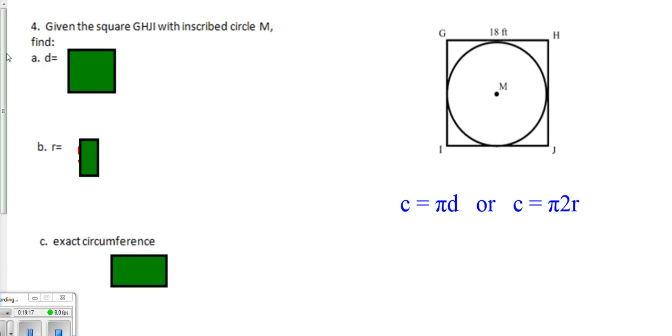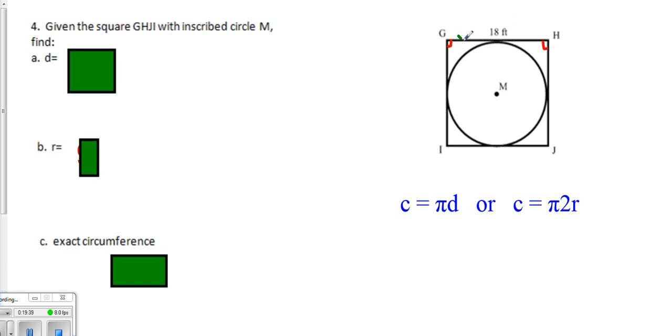Given square GHJI with inscribed circle, so the circle is on the inside of the square, find the diameter, find the radius, and find the exact circumference. Well, remember, because this is a square, they're each going to be right angles.